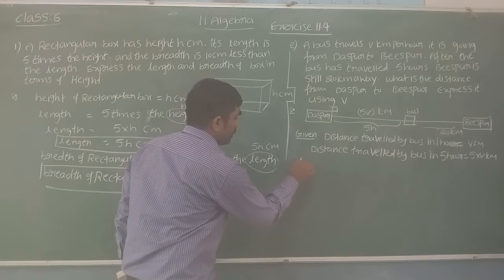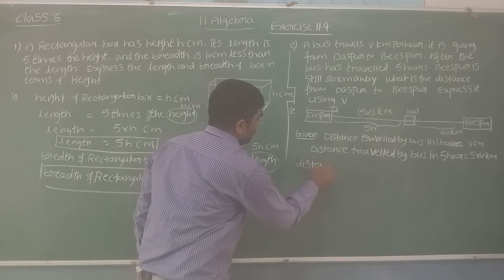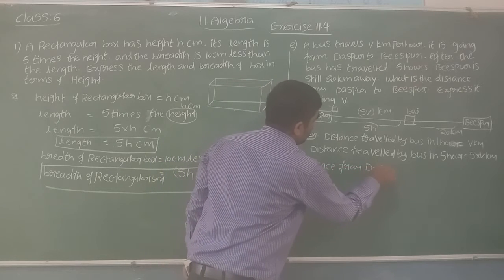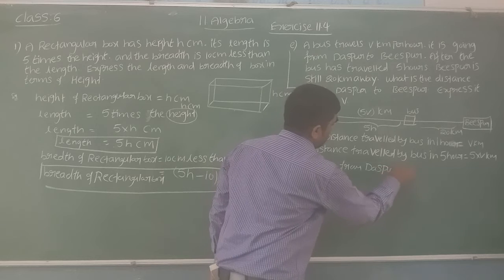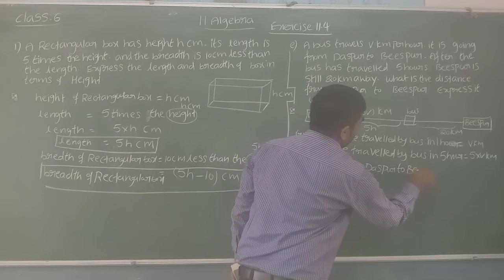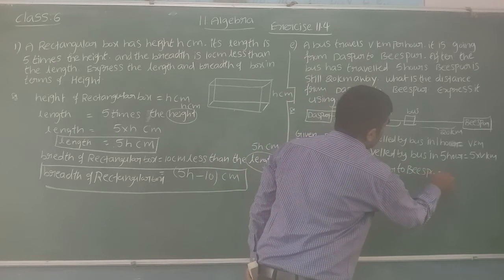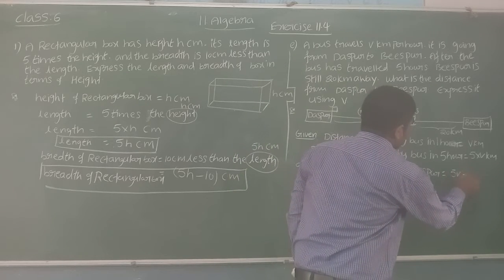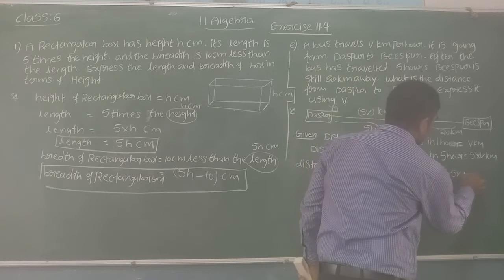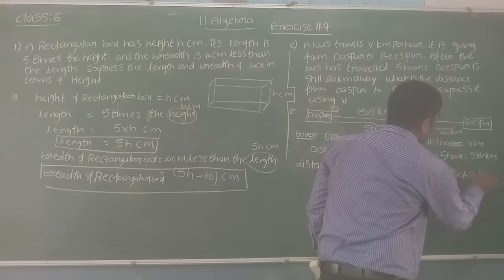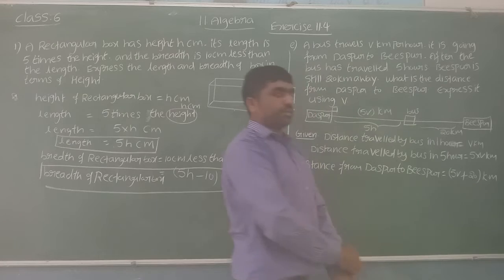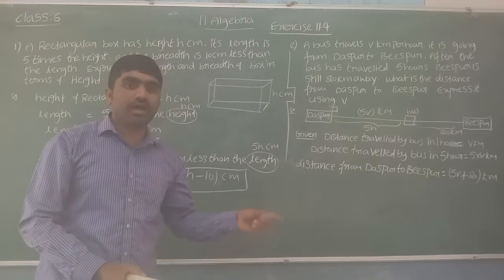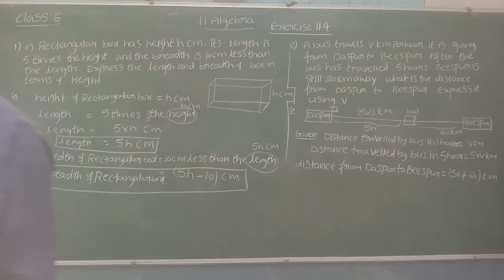Now we can write the distance from Daspur to Bijpur. The distance from Daspur to Bijpur is from here to here 5V plus 20. So the distance is 5V plus 20 kilometers. Like that we can write expressions with the help of numbers, alphabets and operations.